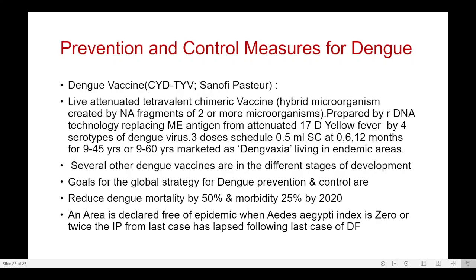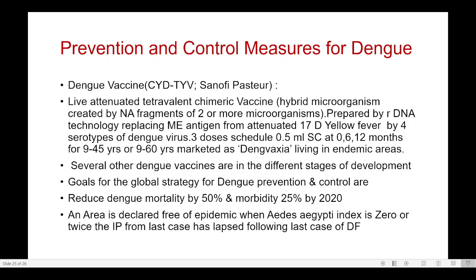Now coming to the dengue vaccine, there are a number of candidate dengue vaccines in different stages of development, but the most important one is the live attenuated tetravalent chimeric vaccine, that is, hybrid microorganisms created by nucleic acid fragments of 2 or more microorganisms, replacing membrane and envelope antigen from attenuated 17D yellow fever, and this replacement is done by 4 serotypes of dengue virus.